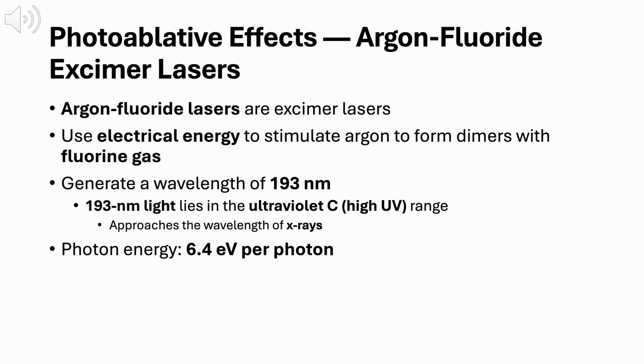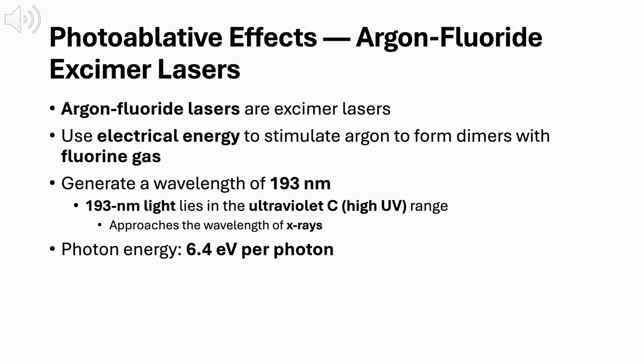In this case, electrical energy is used to excite argon atoms so they transiently form dimers with fluorine gas. When these excited dimers relax back to their ground state, they release light at a very specific wavelength, 193 nanometers. This wavelength sits in the ultraviolet C range, which is high-energy ultraviolet light, and approaches the energy levels seen with X-rays.